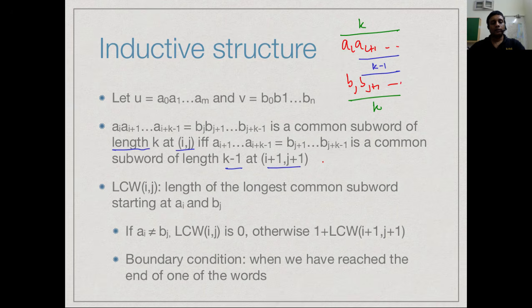So in other words, I look at I, J. If AI is equal to BJ, then it is possible to start a common subword at AI and BJ. So I look at the longest common subword I could have got from I plus 1, J plus 1 and add 1 to it. On the other hand, if AI is not equal to BJ, then I cannot have a common subword starting here because the very first letter doesn't match. So then I just say the length of the longest common subword starting at that position is 0.